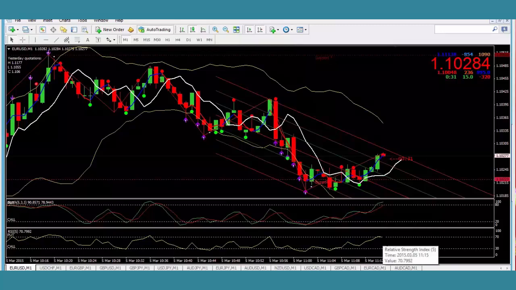Let's see. Get ready for a Euro US 5-minute put with a trend, modified genius strategy. Okay. You see what we're looking for now, right? Somebody tell me what we're looking for.